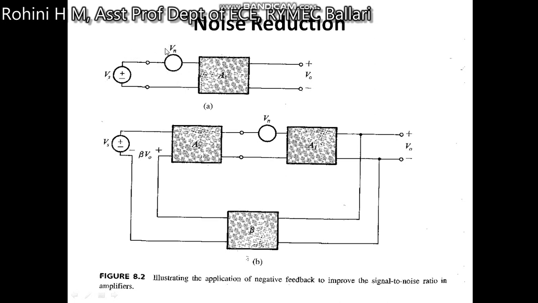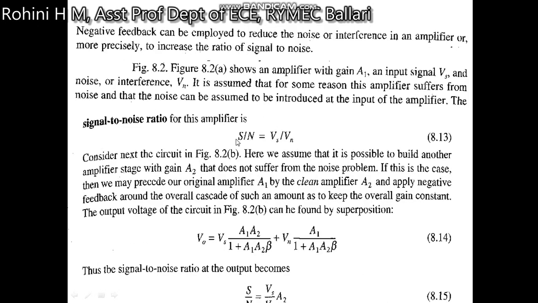This is one more source, an unwanted signal that gets added. The gain of the amplifier is given as A1, and this is the output. So we can write the signal to noise ratio as Vs divided by Vn at the input itself. This is our signal to noise ratio.